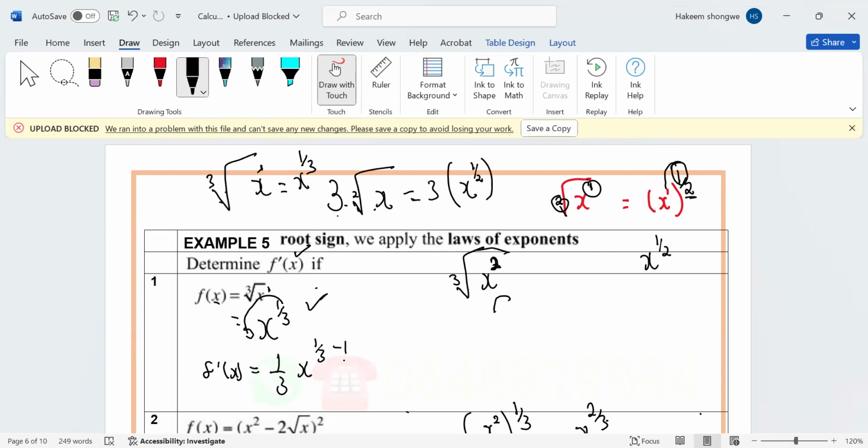We stay fine. Now, if you're not sure, again, you will say 1 over 3 minus 1. So it means you have 1 third, and then you subtract 1. So how many thirds are you going to be left with? You're going to be left with minus 2 thirds. If you don't know what I'm talking about, go to your calculator.